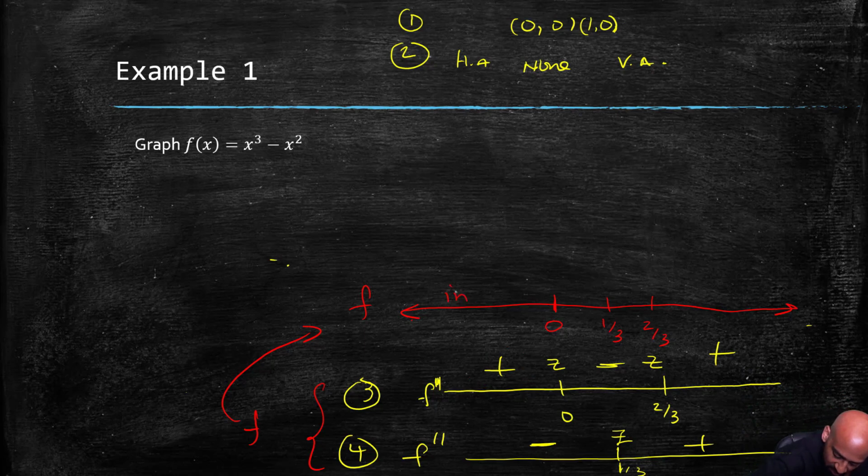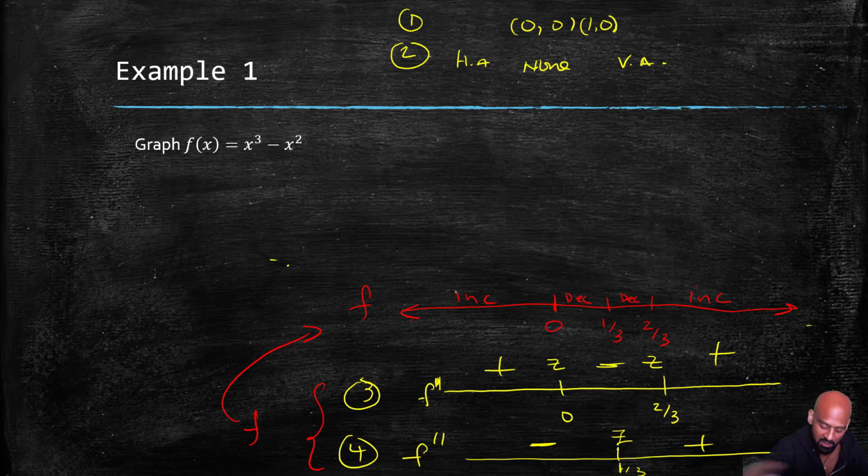This is increasing here, and on this side as well, it's increasing. And then what's happening for the first derivative between 0 and 2/3? It's negative, so that means it's decreasing between 0 and 2/3. So notice it covered multiple intervals. Now, why does the interval break up? Because of the second derivative.